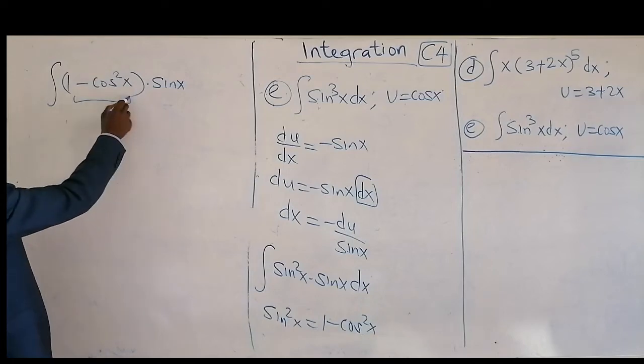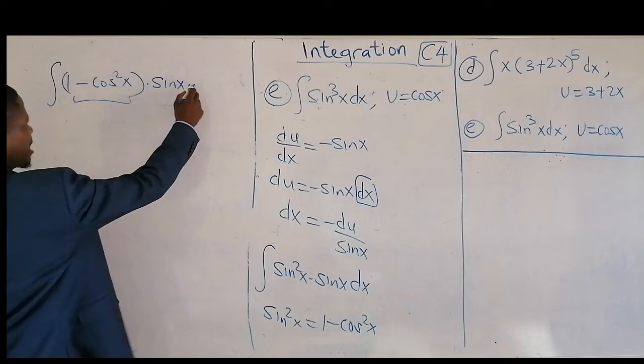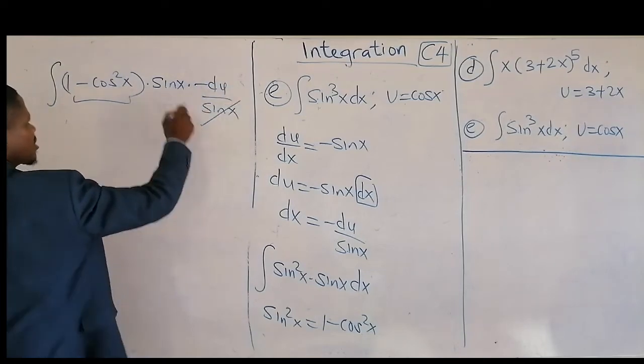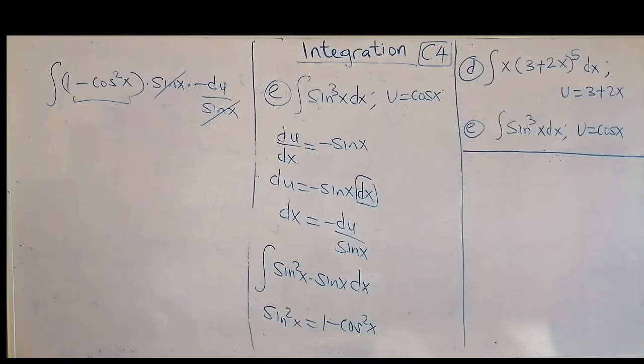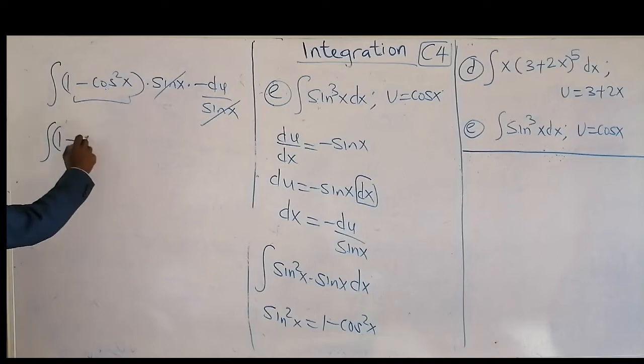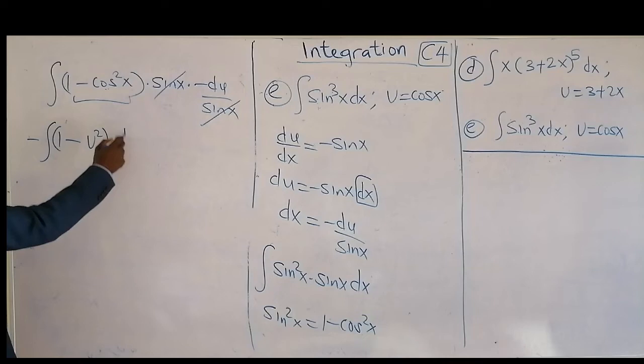This is sin squared x, and then dx is minus du over sin x. So this and this will cancel. So I will now have 1 minus cos squared x, which is u, that's 1 minus u squared, and then minus can come outside.